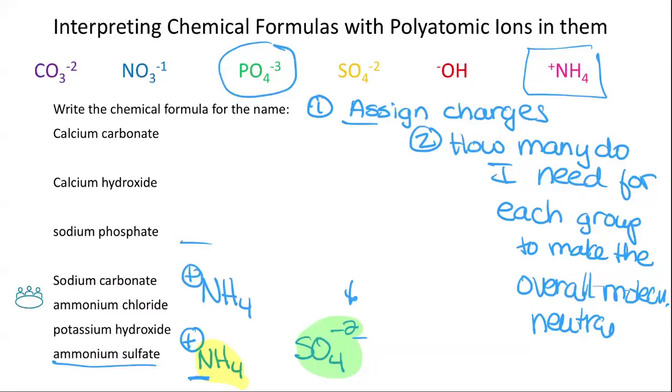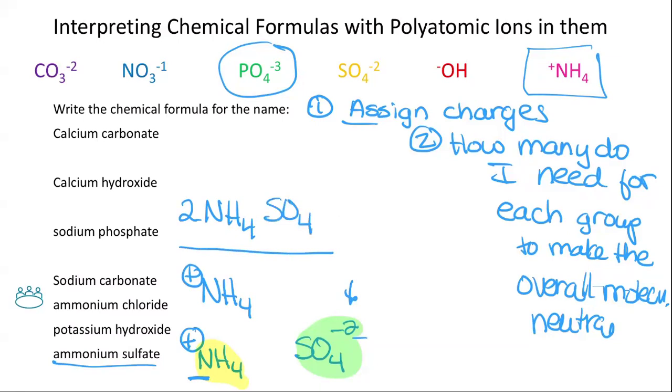Okay, now my charge is +2 on this side and -2 on that side. We're good. Now I need to write this. So I have NH4, and I have 2 of them. I cannot put the 2 out in front because it's going to be for the whole darn thing, right?